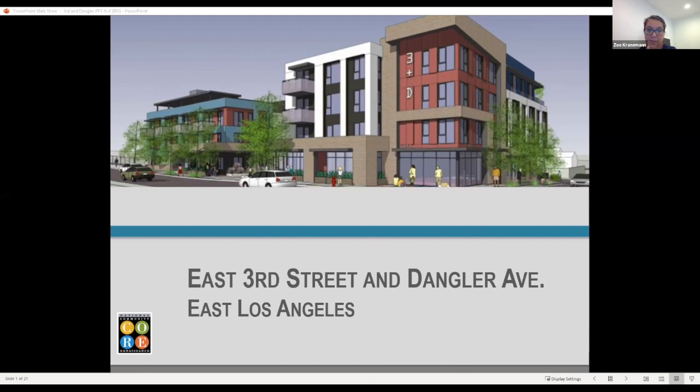We also have an art component. There's going to be a mural on this building that's going to be facing onto 3rd Street. And we have an art committee as well for that. I'm happy to say that we're now having our top 3 candidates being interviewed here in the next couple of weeks, I believe in April for sure.